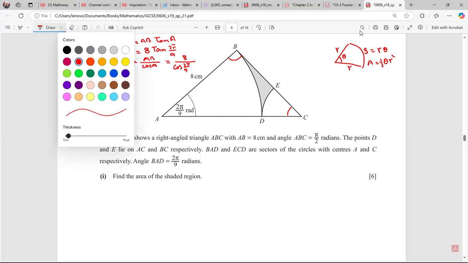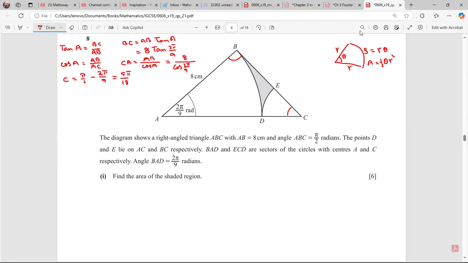Can we know the value of DC? Sorry, DC, this length. Because this is the radius of this other circle, other sector. So DC, you can see it is equal to AC minus AD.